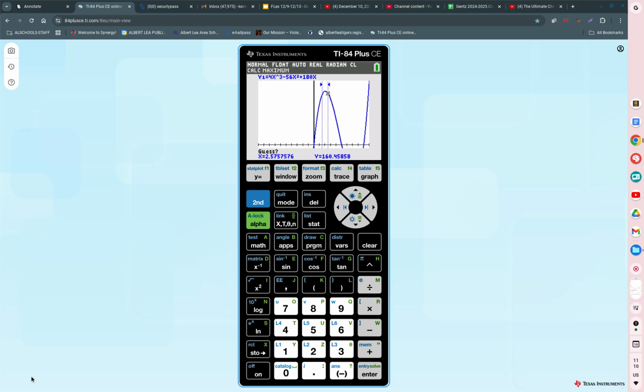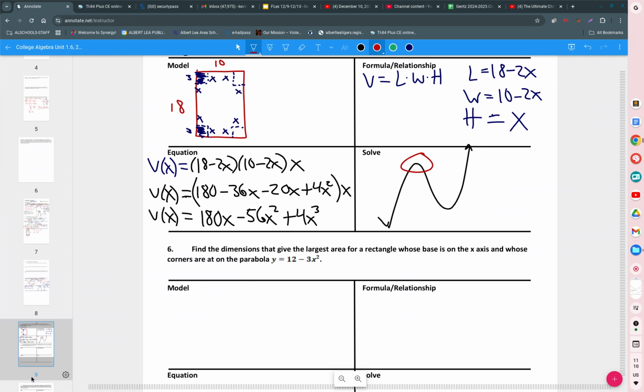Press enter on each, then I press enter on guess, and I get 2.06 and 168.1.